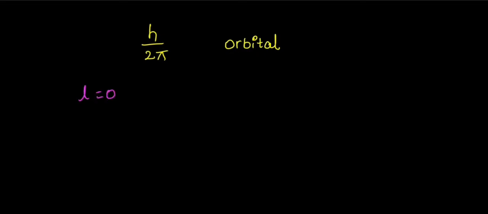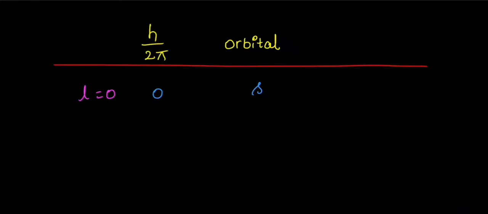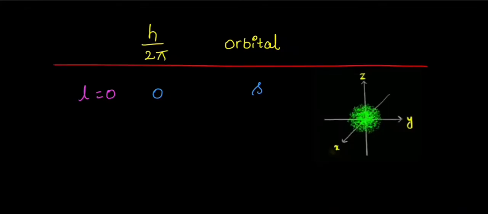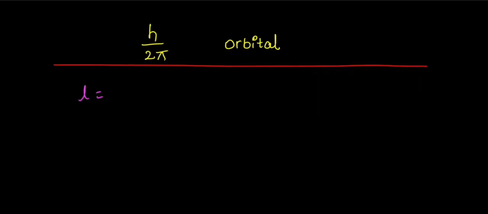For L equals 0, the different value for angular momentum is only 1 and that value is 0, which indicates S orbital, which is spherical in shape. It's a non-directional orbital. For L equals 1, the allowed values are 0 and plus or minus 1, where 0 corresponds to pz orbital and plus or minus 1 correspond to either px or py orbital.